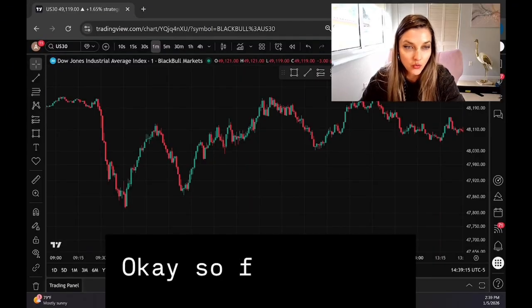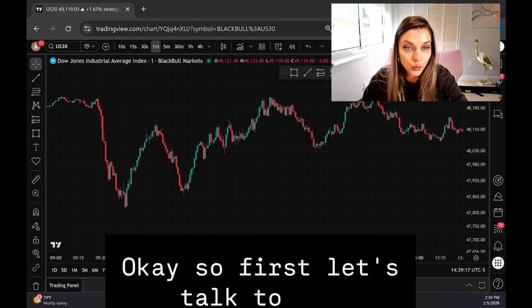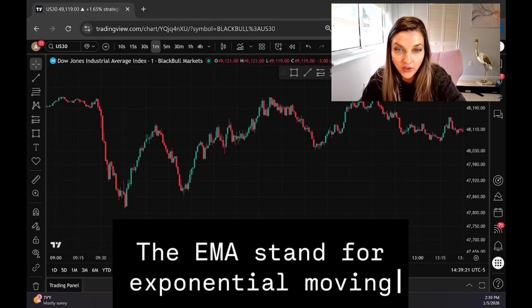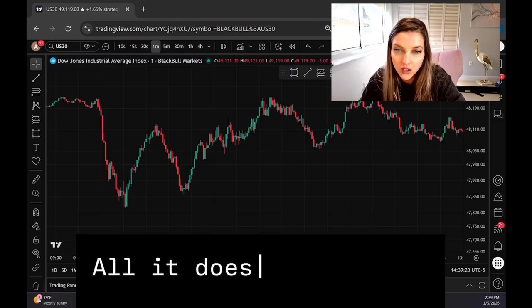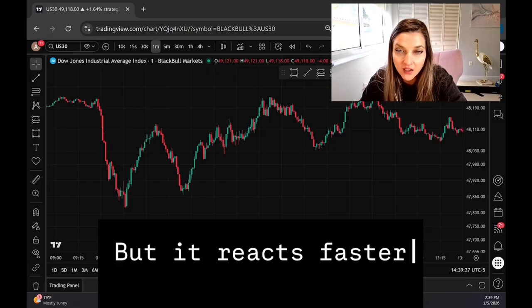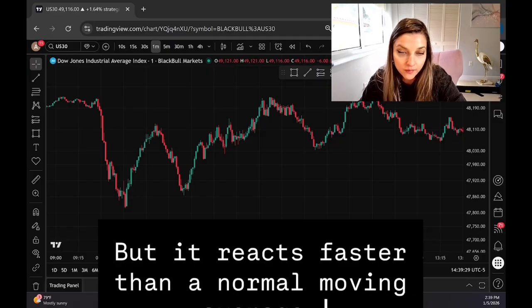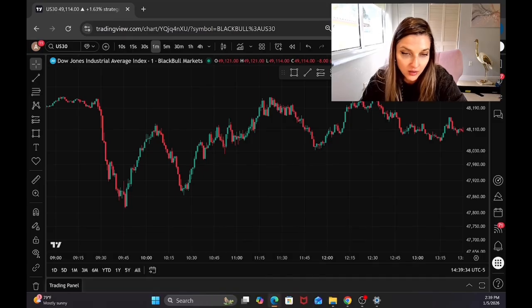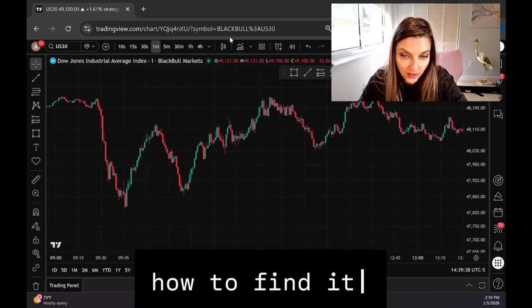Okay, so first let's talk tools. The EMA stands for exponential moving average. All it does is show you the average price, but it reacts faster than a normal moving average. For me, the EMA acts like a dynamic support and resistance. Let me show you how to find it.